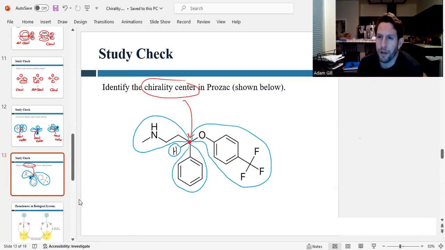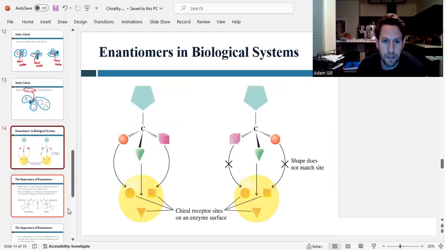Now, why do we care about chirality centers? This may seem like an abstract concept, but it's really important in biology. Biological receptors in your body, like protein receptors, tend to have a very unique 3-dimensional fit.